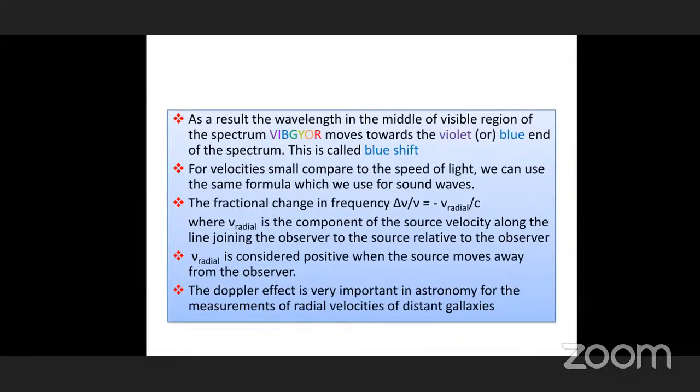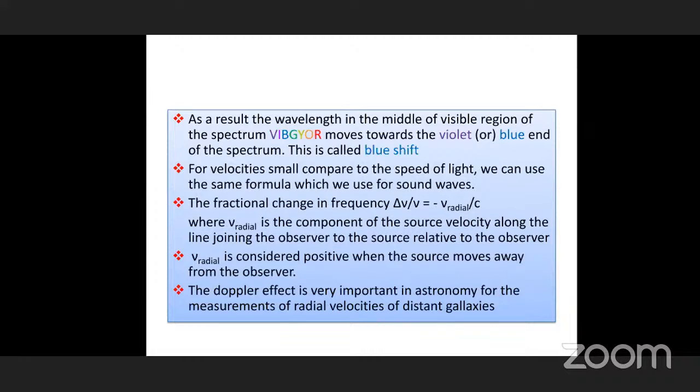So, for the purpose of velocities of galaxies, we are giving some more details about this. The velocity is small compared to the speed of light, so we can use the same formula which we use for sound waves. We have already discussed it. The fractional change in frequency is very, very small.